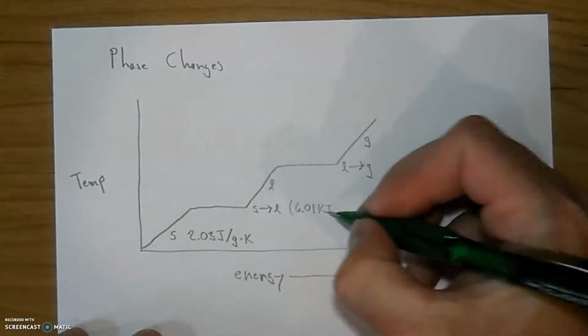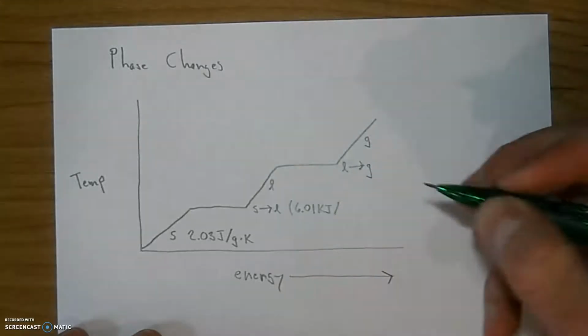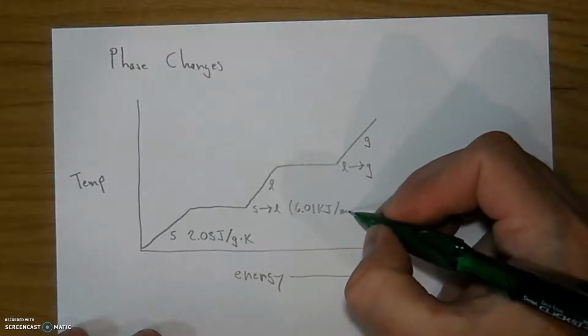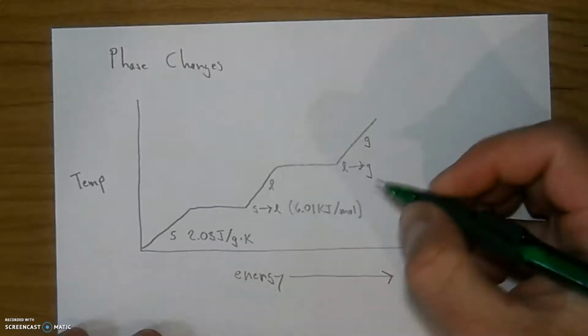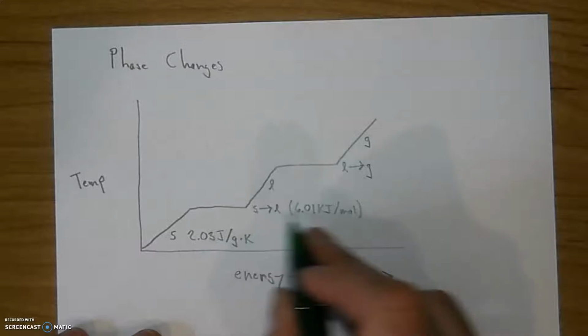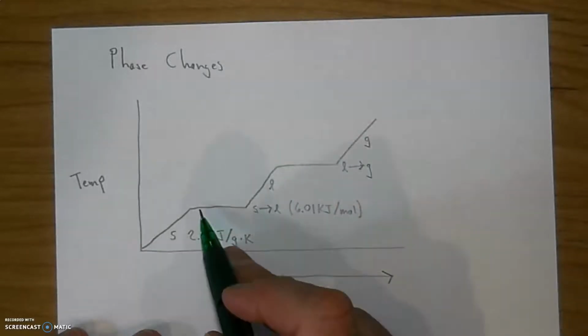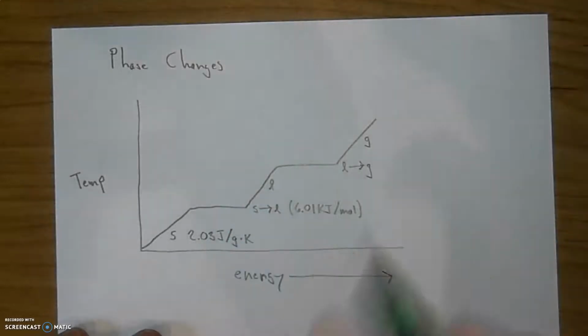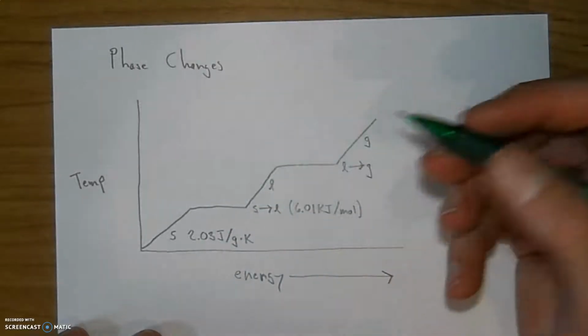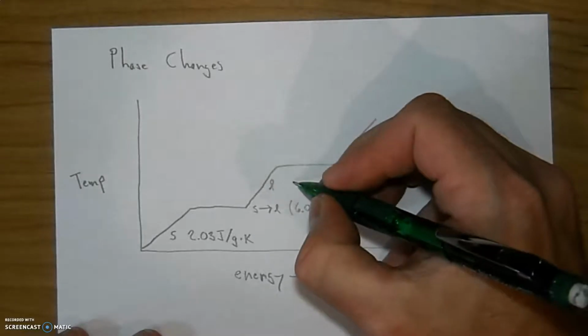Notice this is a much larger value because kilo is 1,000. That much energy per mole. Now notice the difference here. We're going through the heat of vaporization. We're talking about moles, and we're talking about heating the solid, we're talking about grams. Don't ask me why. This is kind of a standard that people typically use.